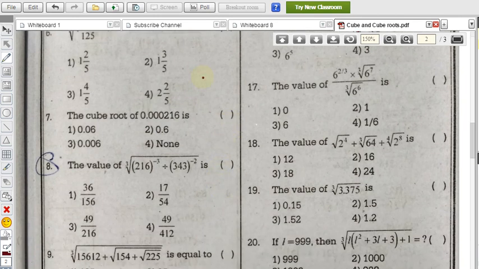The value of 6 power 2 by 3. Next one. 6 power 2 by 3 into cube root of 6 power 7 by cube root of 6 power 6.